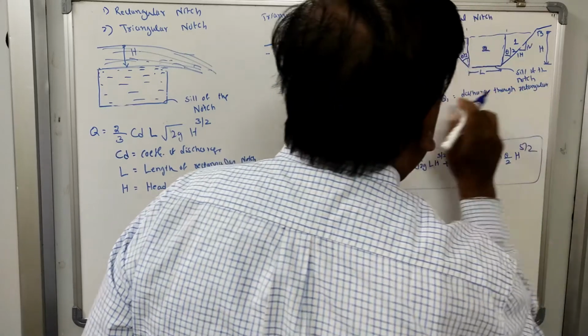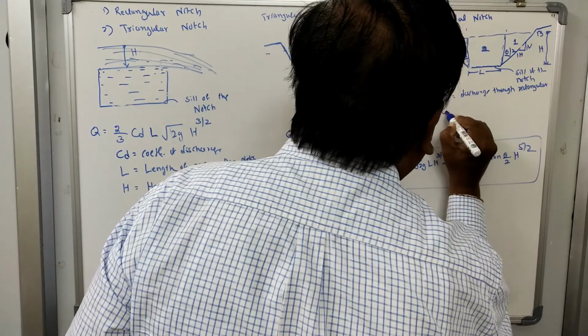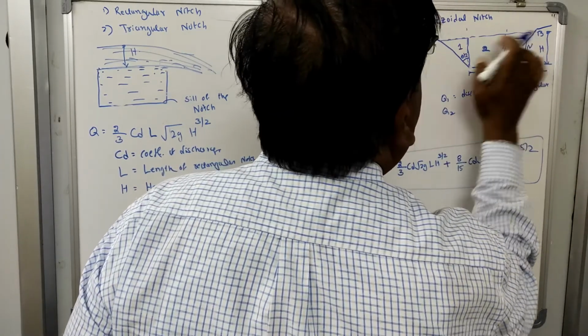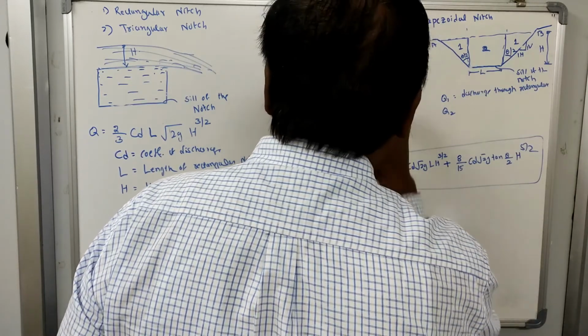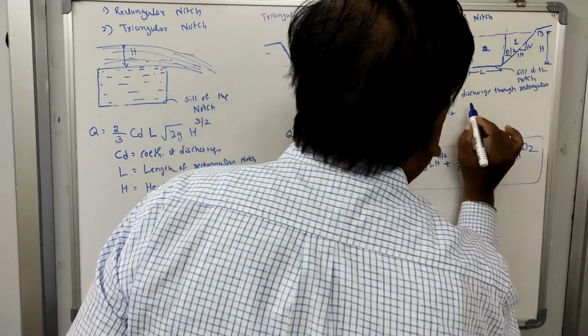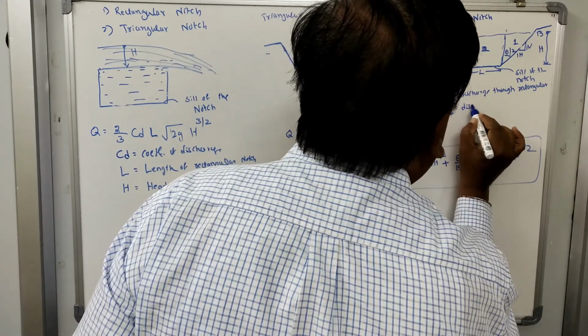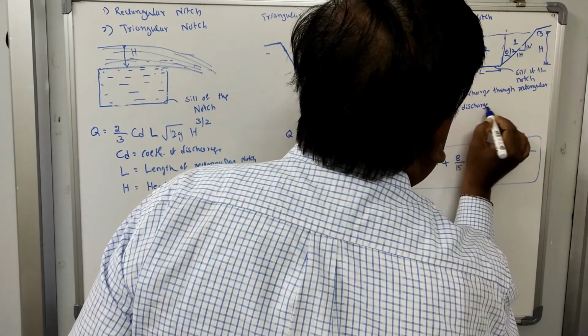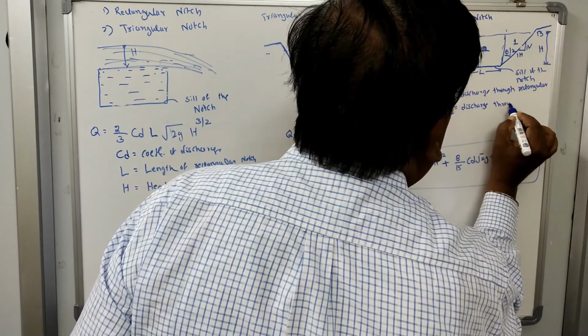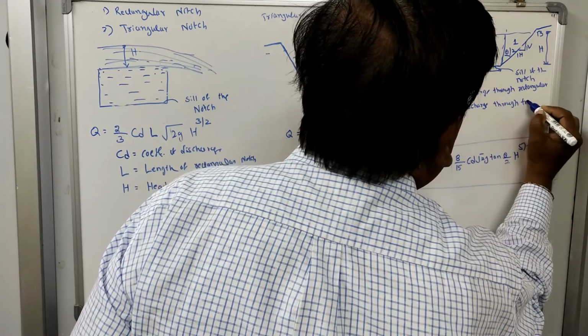Next, the remaining portion is triangular in shape, so using the triangular notch equation, you find the discharge through the triangular portion.